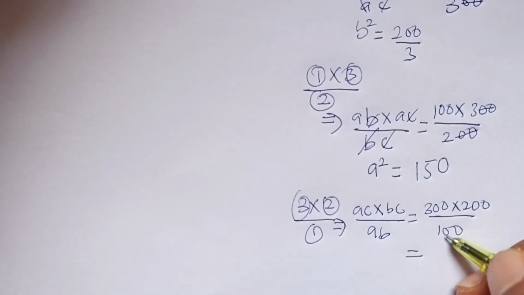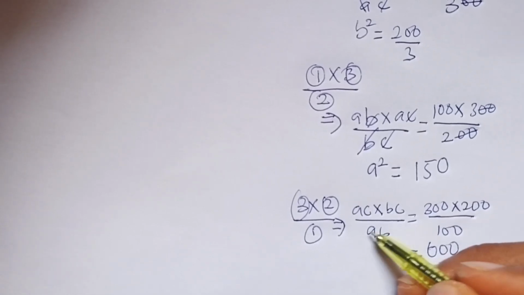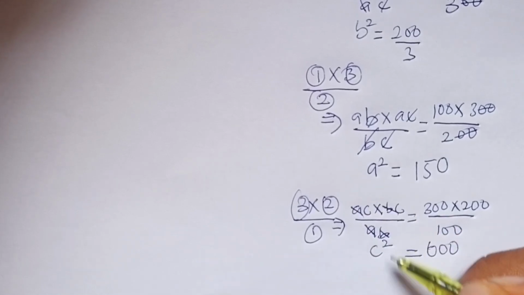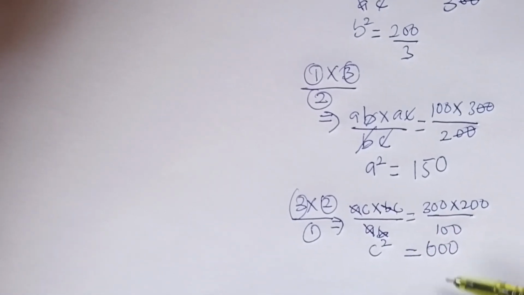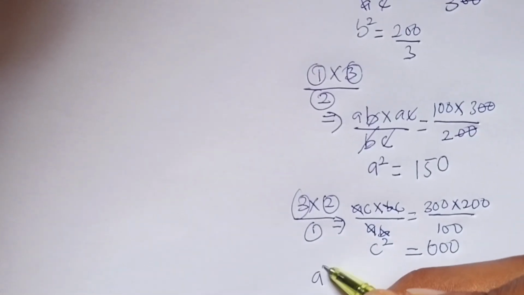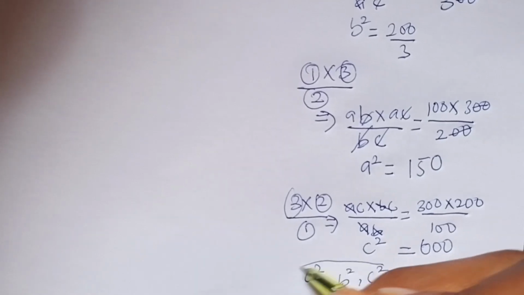This is equal to 600. So C squared is equal to 600. So we have A squared, B squared, and C squared.